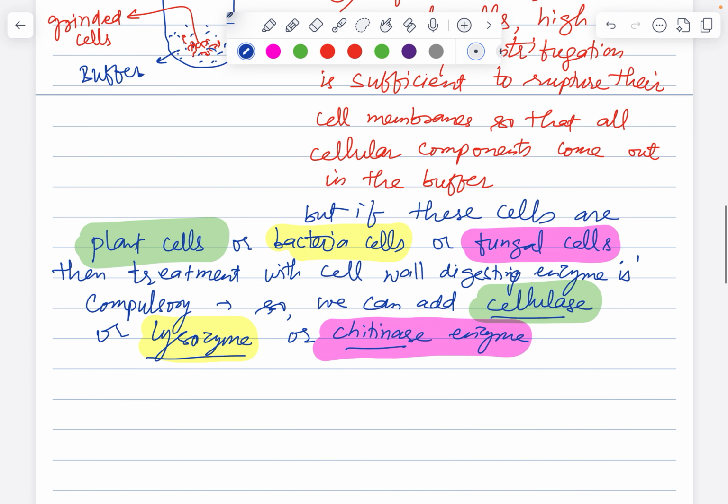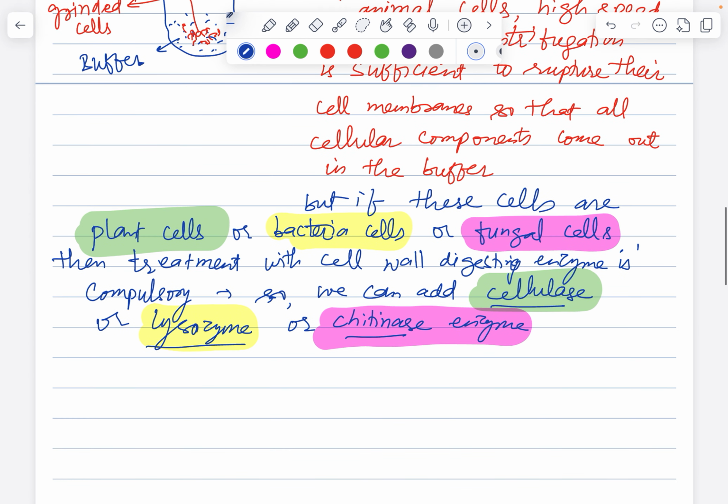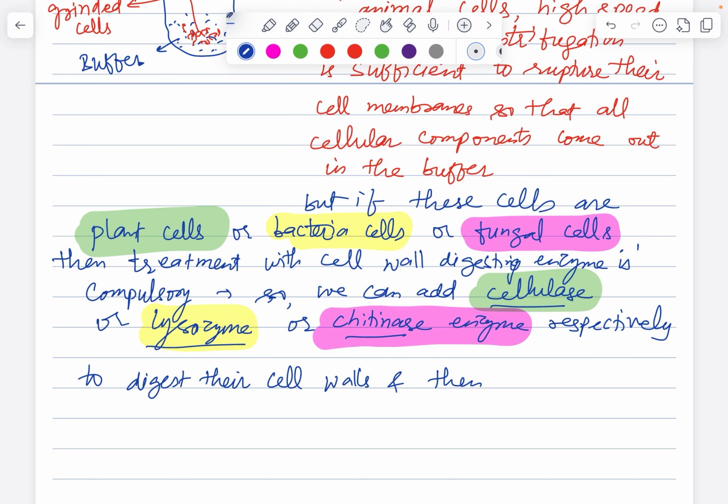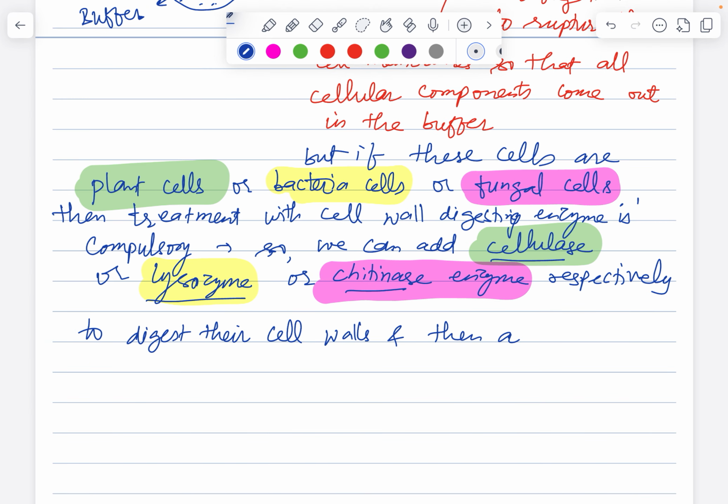So if these cells whose genome is to be isolated are plant, bacteria or fungal cells, you need to add enzymes, cellulase, lysozyme or chitinase enzymes respectively. That is to digest or dissolve the cell walls. And then we can add a detergent or a solvent, for example SDS, sodium dodecyl sulfate.